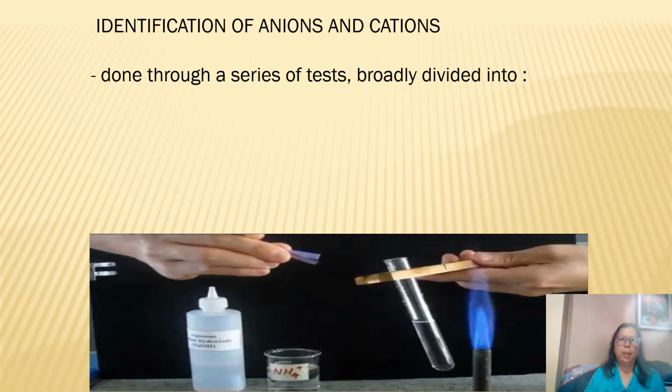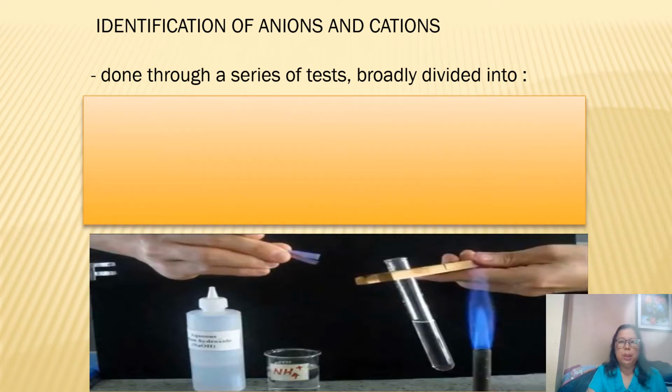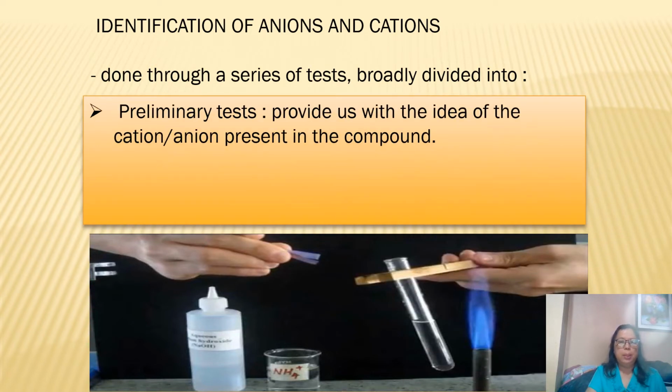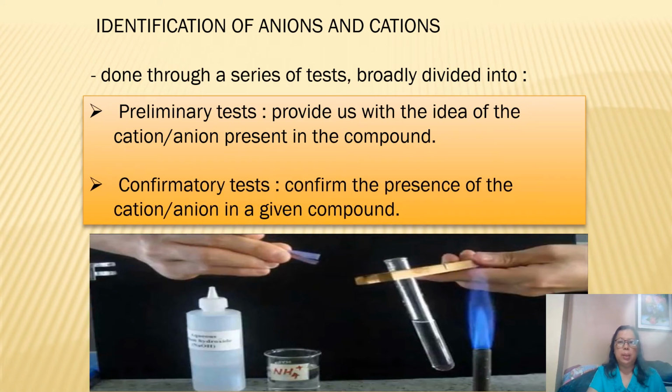Identification of cations or, sorry, anions could be done through a series of tests, and this could be subdivided into two. You have the preliminary test and the confirmatory test.